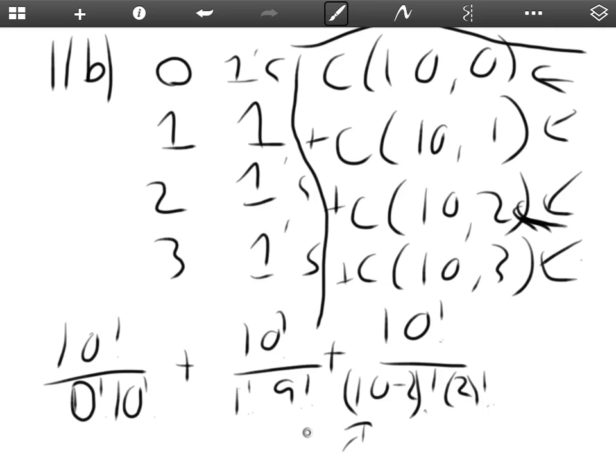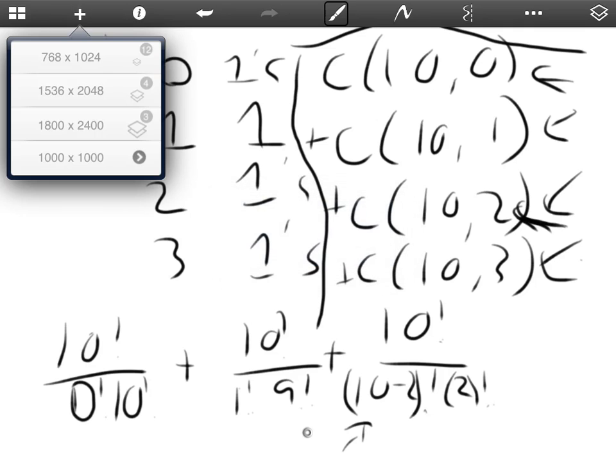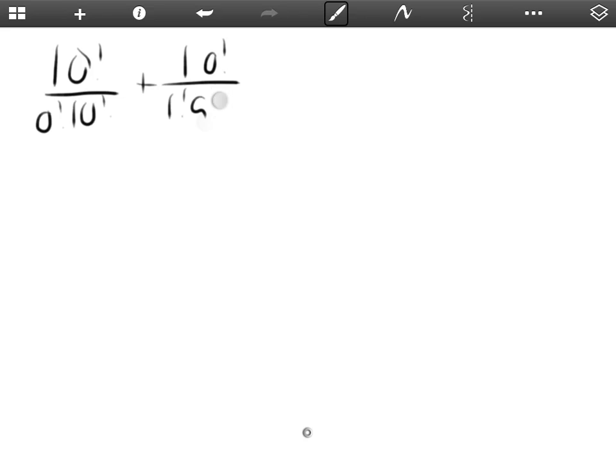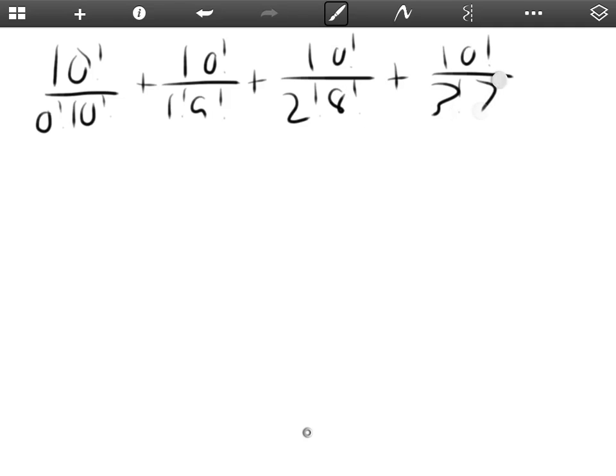Let's get ourselves a clean slate. We were here: 10 factorial over, let's rewrite what we deleted, 0 factorial 10 factorial, plus 10 factorial over 1 factorial 9 factorial, plus 10 factorial over 2 factorial 8 factorial, plus, and you can guess what comes next, 10 factorial over 3 factorial 7 factorial.